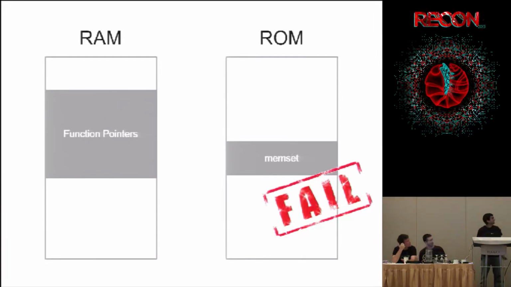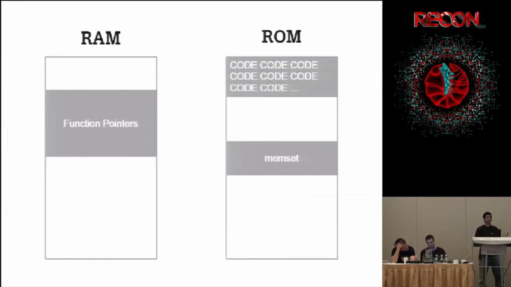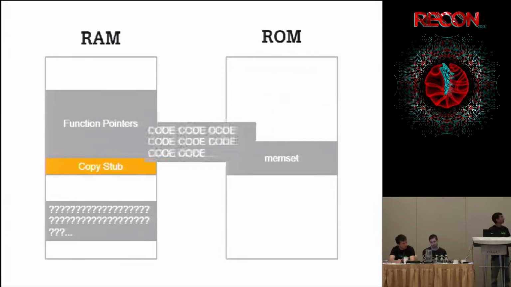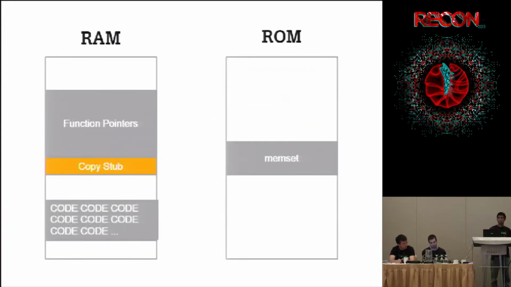Right. So we figured, okay, what we would do is find an empty spot in the RAM that contains something that's not that important, and push our copy stub somewhere that gets called along the initialization of the chip, and that copy stub would copy the code from the ROM region to the RAM region, and then we would read it using the same method again.